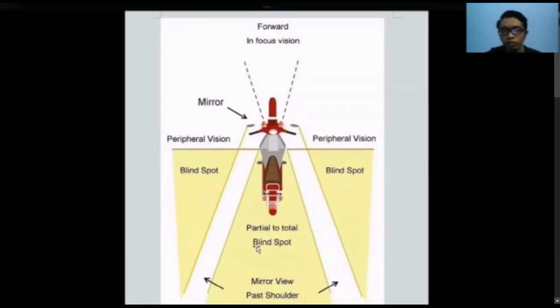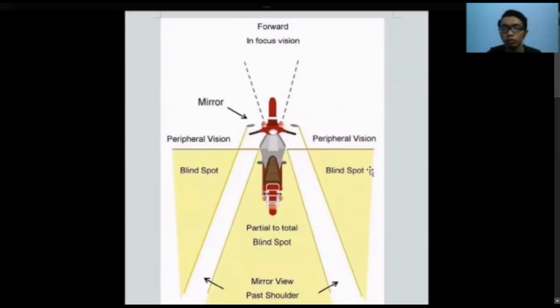Why do we call this part partial to total blind spot? Because in some of this part, riders can notice vehicles based on the side mirror, which is around this side, a small side on this, and riders can notice any vehicle approaching from behind on this spot.